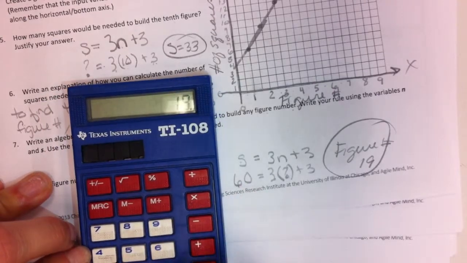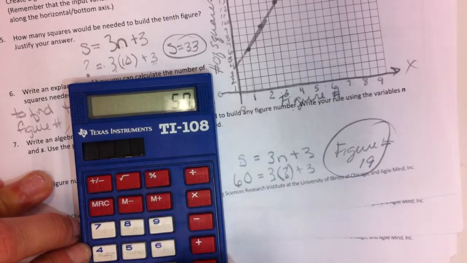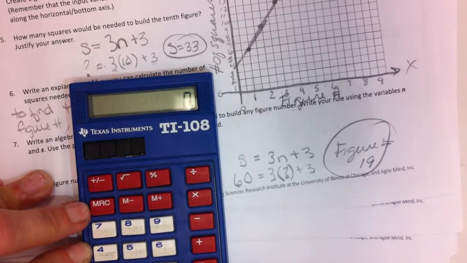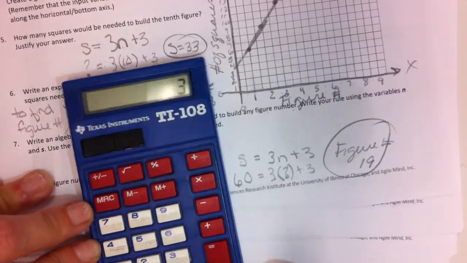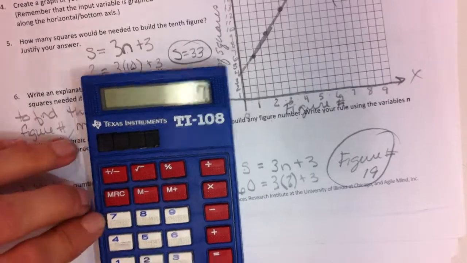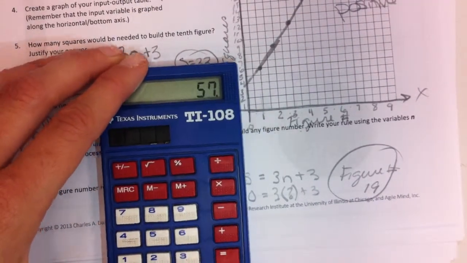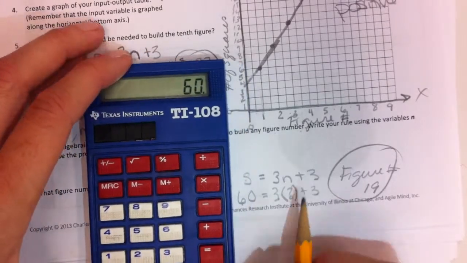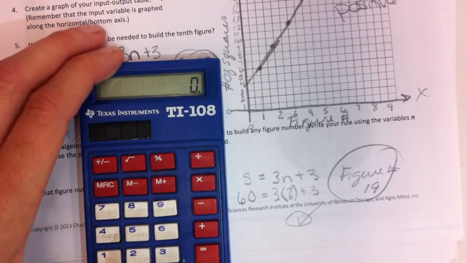Figure number 19 times 3 is 57, plus 3. Wait a minute. 19 times 3 equals 57, plus 3 equals 60. So we're right. Well, operator error there, sorry.